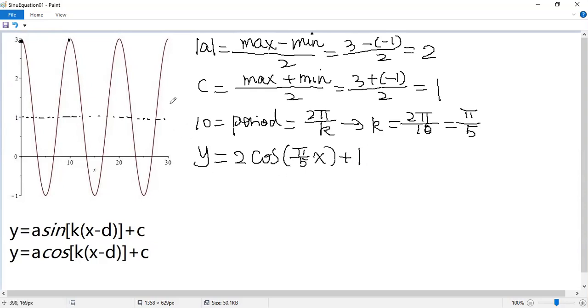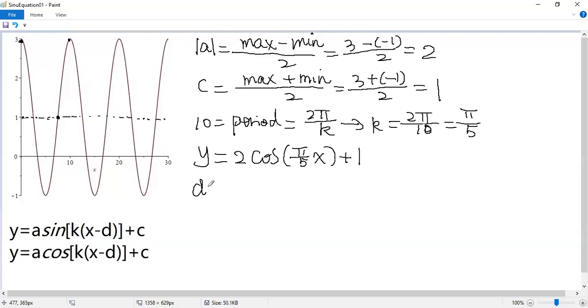If we use sine, we know sine starts from the midline and goes up, so it should be here. But in that case, we need to do a phase shift from 0 to here, which acts like 3/4 of a period. 1/4, 2/4, 3/4.